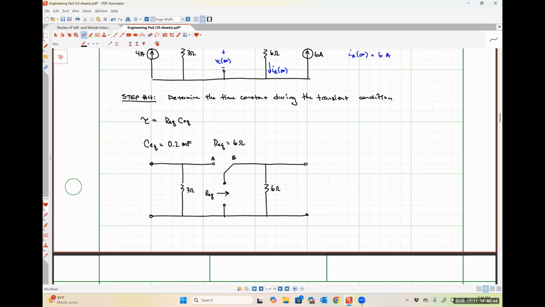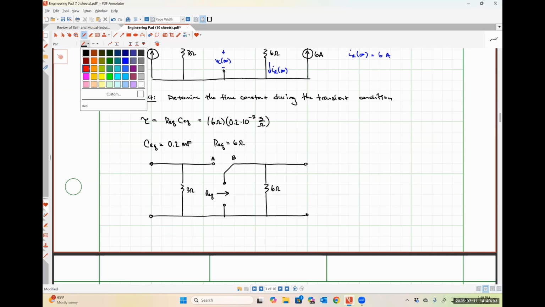Okay, so plugging in numbers here, we would have 6 ohms times 0.2 times 10 to the minus 3 farads, where a farad is a second per ohm, or an amp second per volt. We see very easily that this ohm cancels this ohm, and we're going to be left with something in seconds, which is great because the time constant tells us how much time has elapsed until it decays down to roughly 36%.